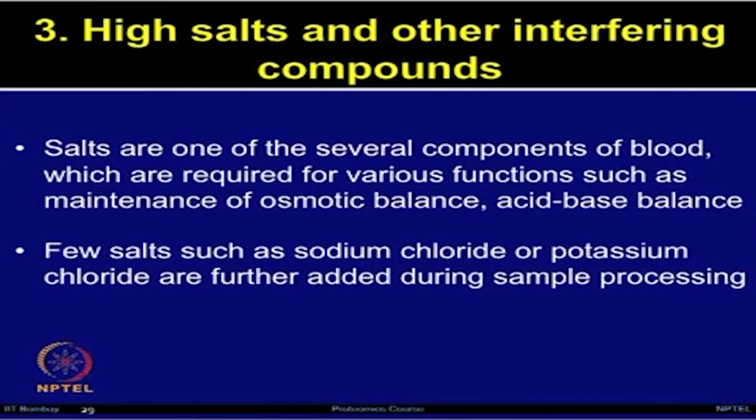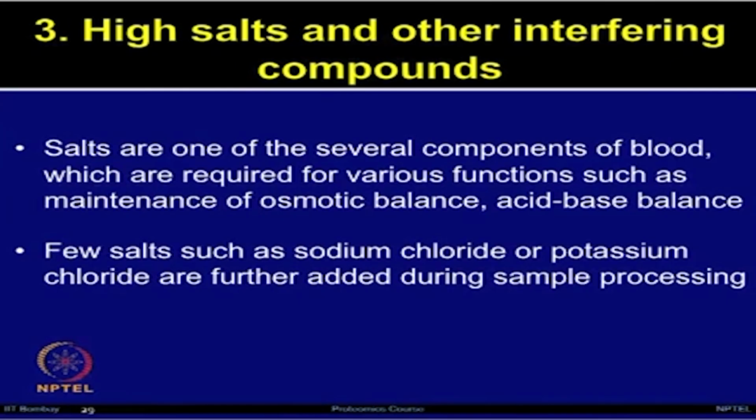Salts are present in the blood, and are required for various functions such as the maintenance of osmotic balance, acid-base balance, etc. Few salts such as sodium chloride or potassium chloride are also added when you are processing the serum sample.